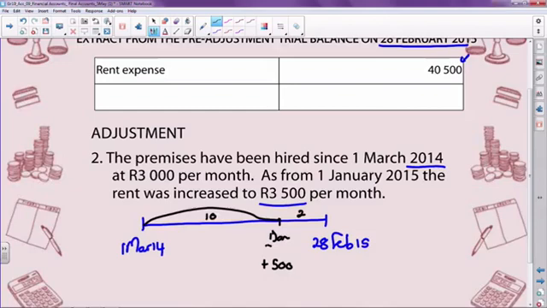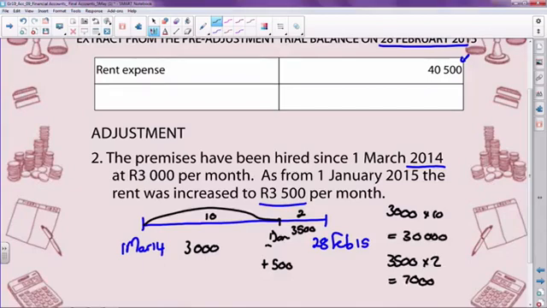So for 10 months, up to the 1st of January, they paid 3,000, and here we are paying 3,500. So if we say 3,000 times 10, it will equal 30,000. But now, for 2 months, we should have paid 3,500, and that will give you 7,000.